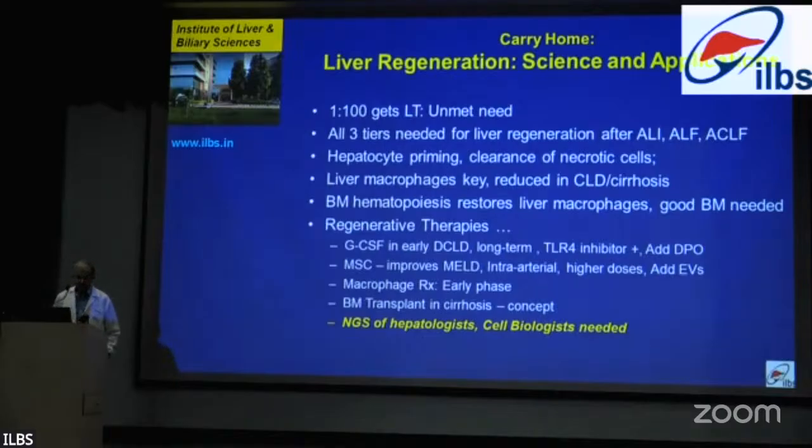Sir, very nice, really exciting. Just a few queries and comments. MSC injection in the hepatic artery, is it based on some previous evidence, or was this a thought which came and you started doing it? Because I would have thought arterial flow is very high and the cells will just wash away.